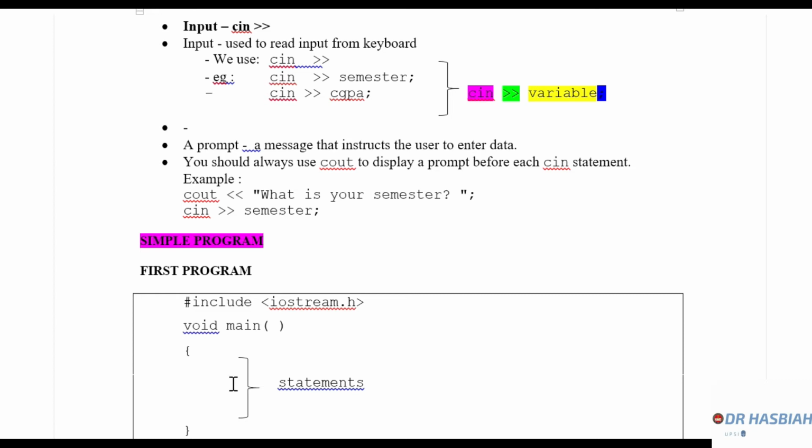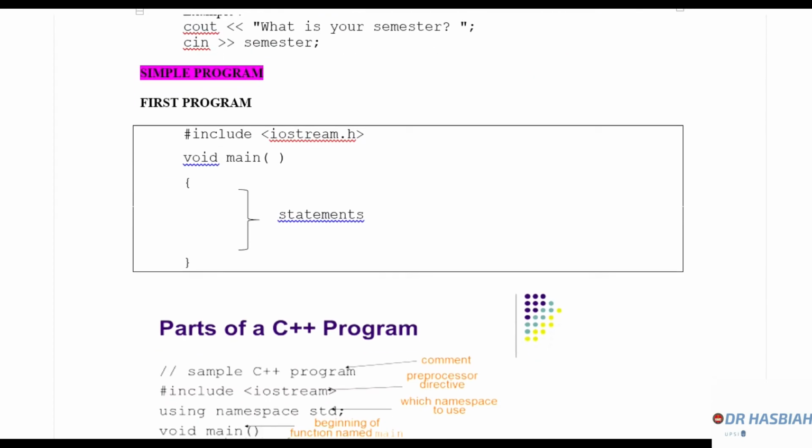So this is the cin statement, and you have to know the difference between the cin and cout statements. Here is a simple example. In order to write a first program, you have to have all these main things.